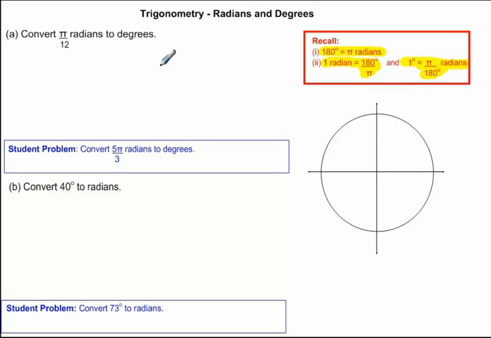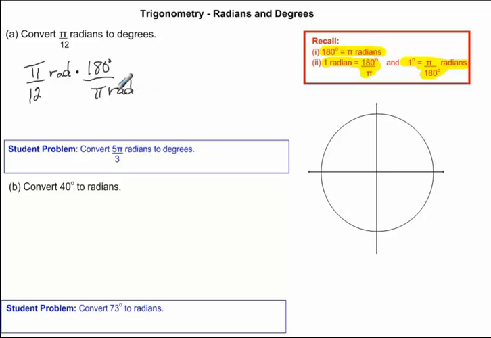So we're going to start off with A, and we want to convert pi over 12 radians to degrees. We're going from radians to degrees, so I'm going to use this first relationship. I'm going to take pi over 12 radians, making sure we include the radians, and multiply it by 180 degrees over pi radians.